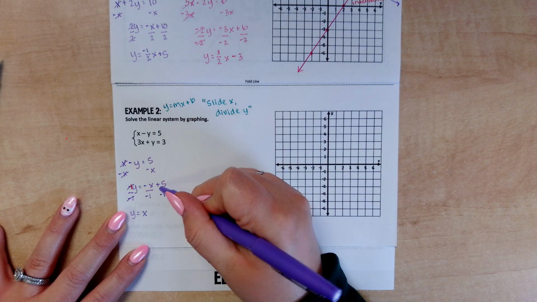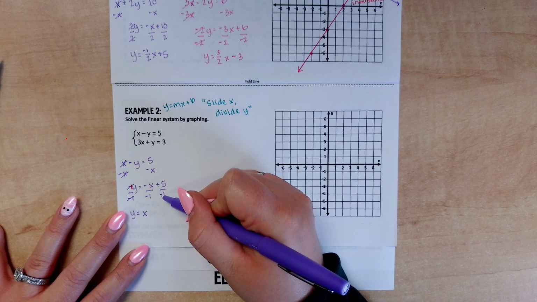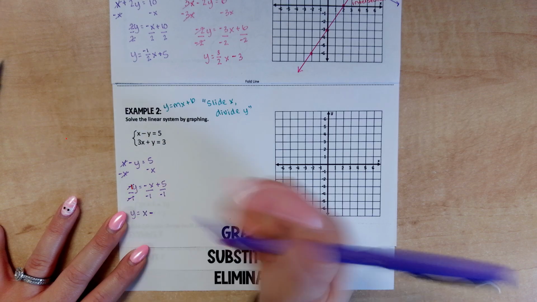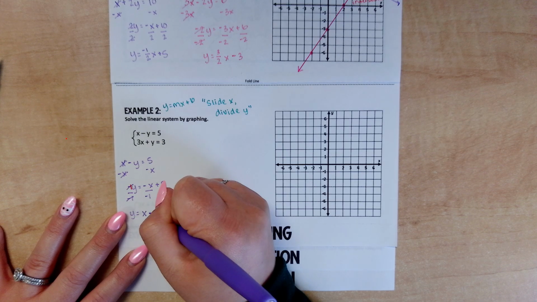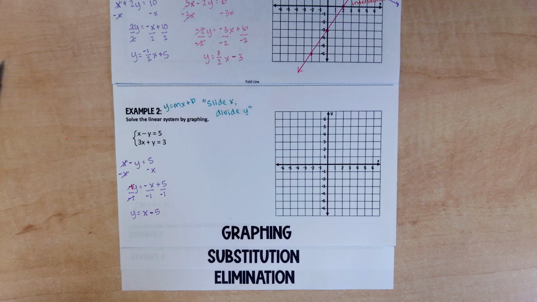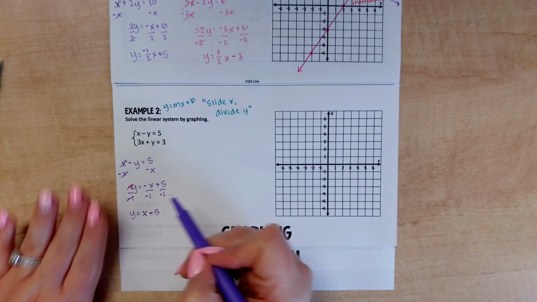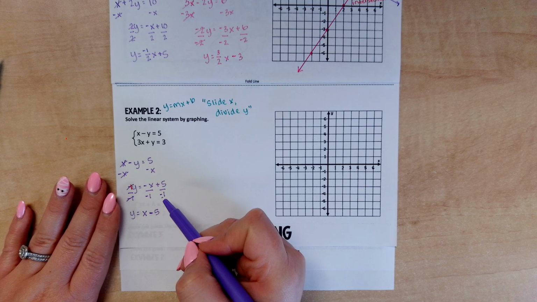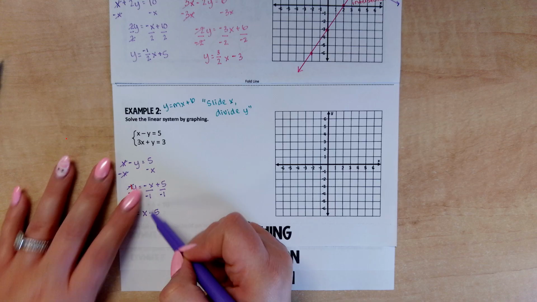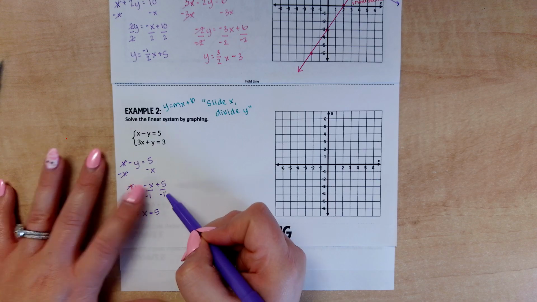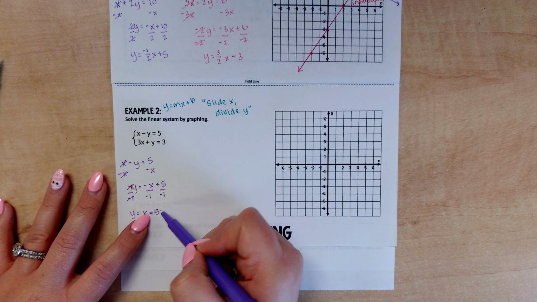And then again, negative and positive make negative. And then I'll just have a 5. So essentially, anytime you divide by a negative 1, everything on the other side just becomes its opposite. x went from being negative to now it's positive. It went from being a positive 5 to a negative 5.